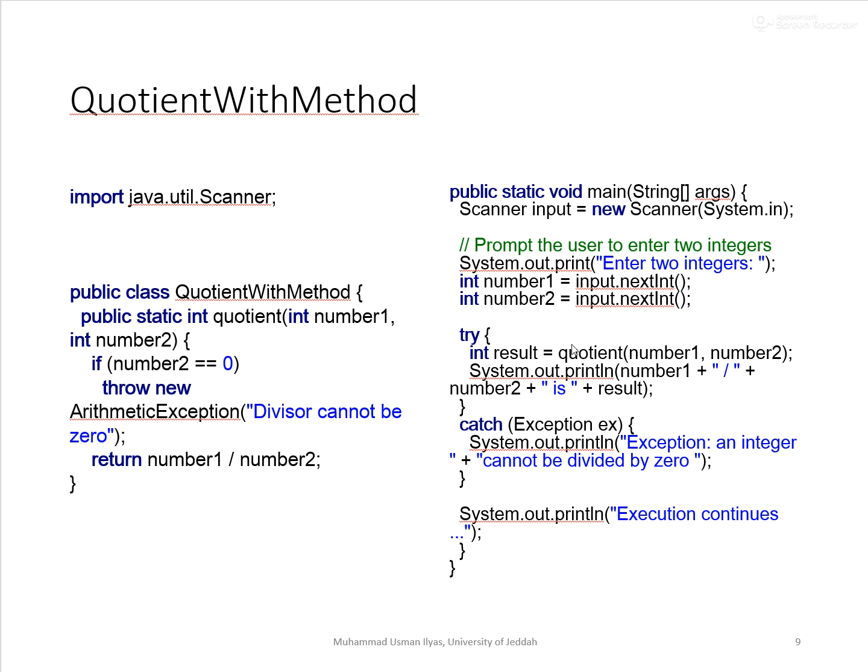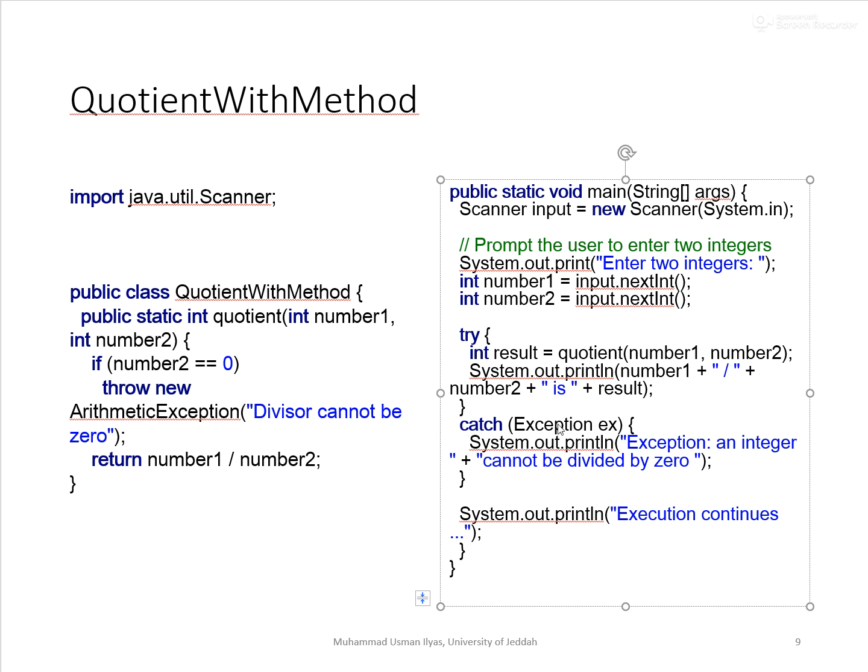The method quotient is going to do the actual division for us and return the result, which has to be another integer, which will be stored in this integer result, and it'll be printed out in the following line. All of this is happening inside the try block, which means somewhere over here we might see an exception.